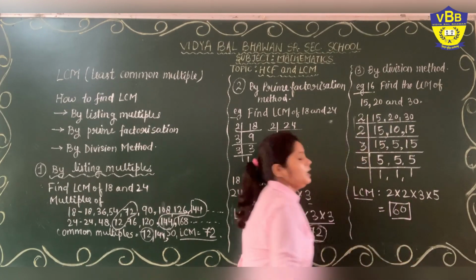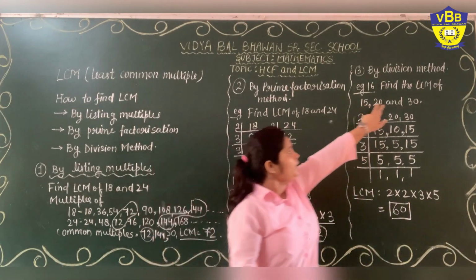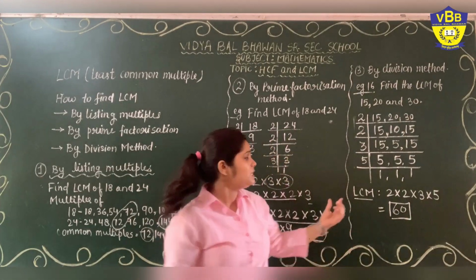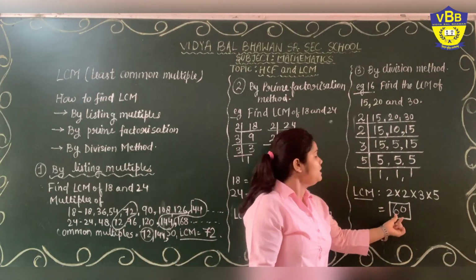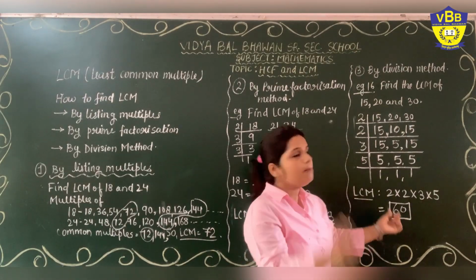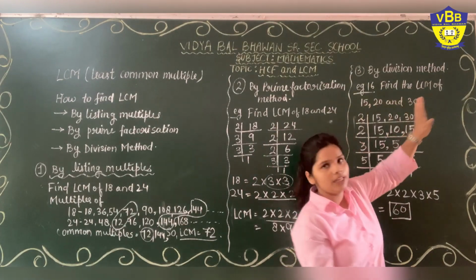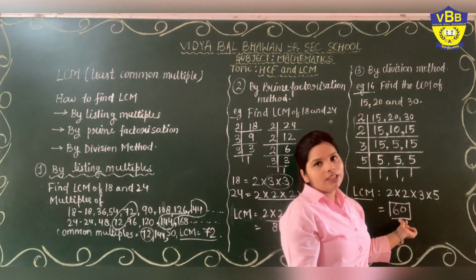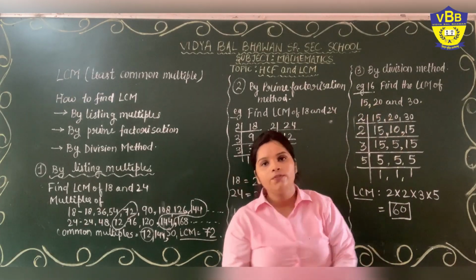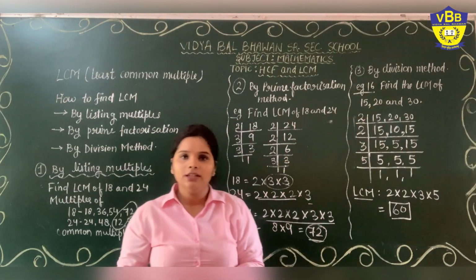So what is the LCM of 15, 20 and 30? That is 60. What does 60 mean? That means 60 is the smallest common number which will come in these three tables, the common multiple in the tables of 15, 20 and 30.